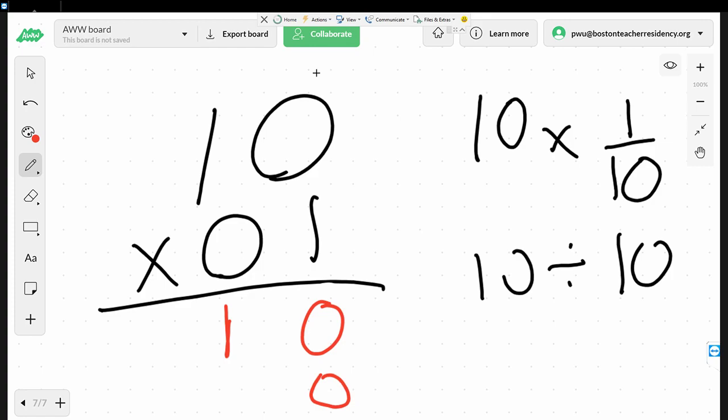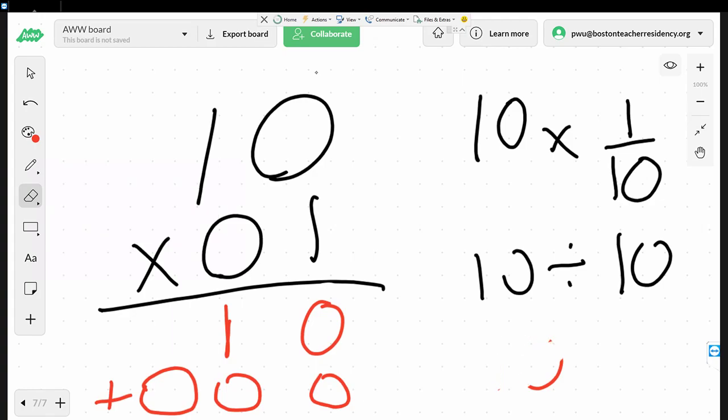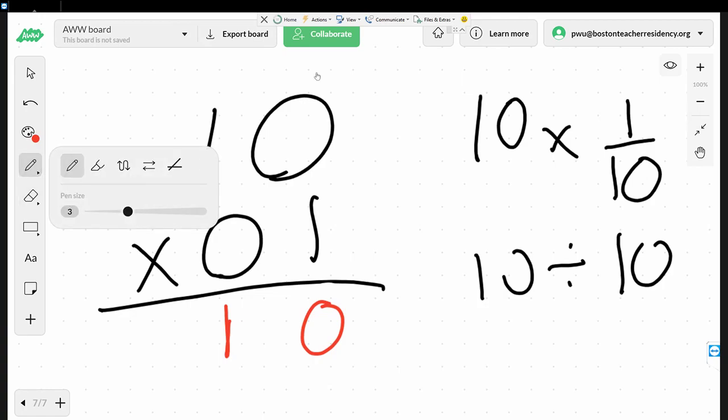Oh, we have to add the 0 first when we move to our tens place. 0 times 0 is 0. And then 0 times 1 is 0. Add these up. And we just get 10, right? So I'm just going to erase all these zeros at the bottom because we don't really need them. Adding zeros doesn't do anything to our equation or our expression. So when we multiply 10 by 1, we get 10.